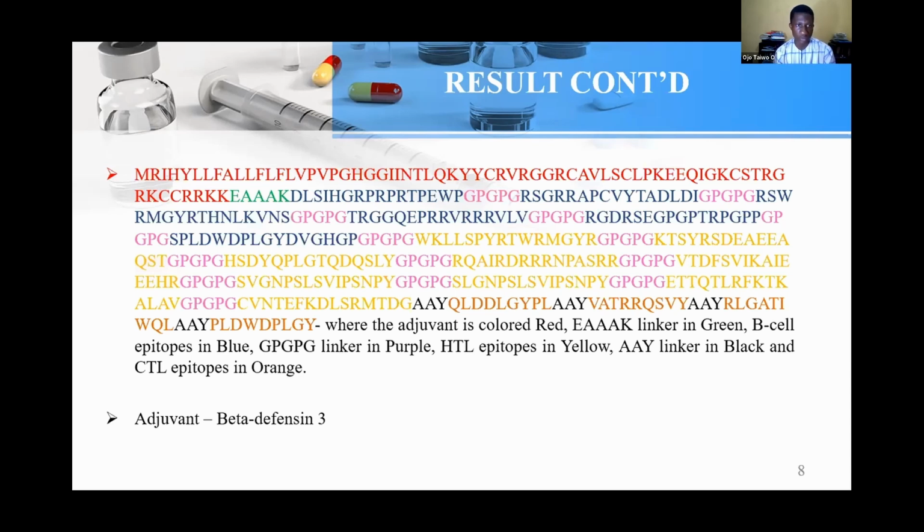So beta-defensin 3 was used because of TLR2 and TLR9, the human toll-like receptors 2 and 9, that Epstein-Barr virus has been established to activate.